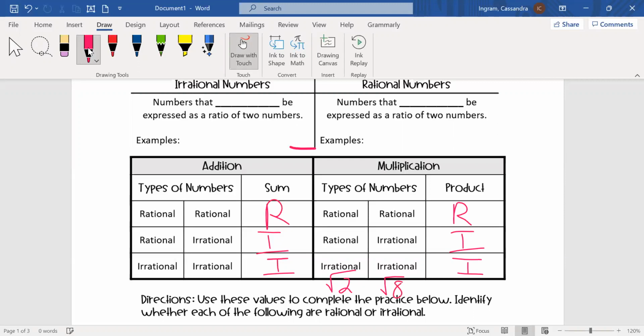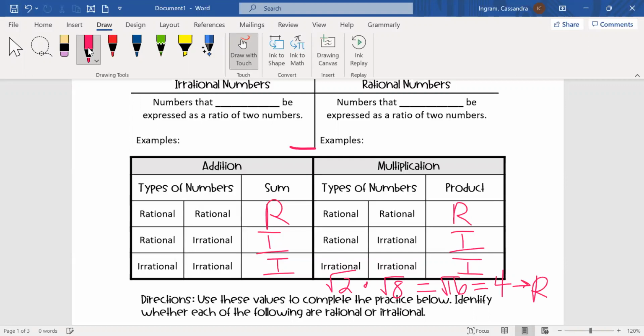The way that we solved for this was that we multiplied our two radicands, and that gave us the square root of 16. Both of these are still irrational. Square root of 2 is irrational, it's not a perfect square, and the square root of 8 is also still irrational. But the square root of 16 is a perfect square, meaning that's going to be 4. And that is, you guys, rational.